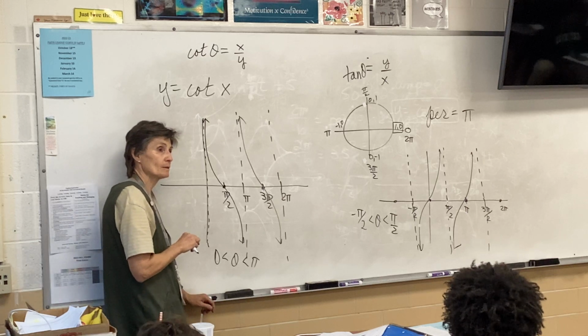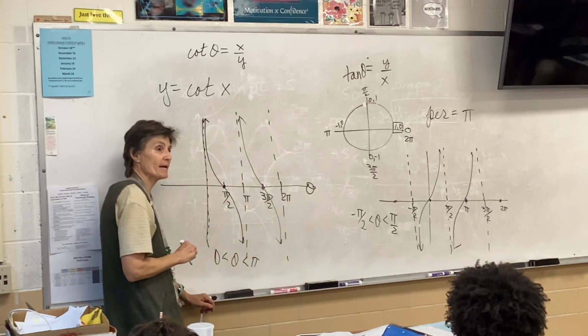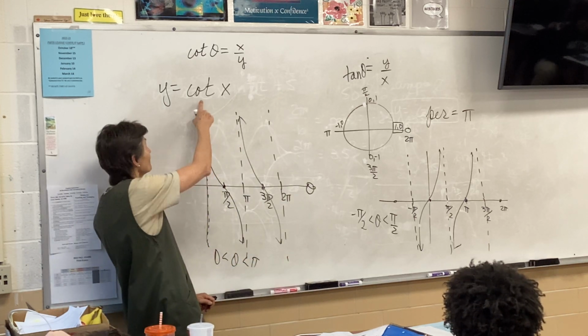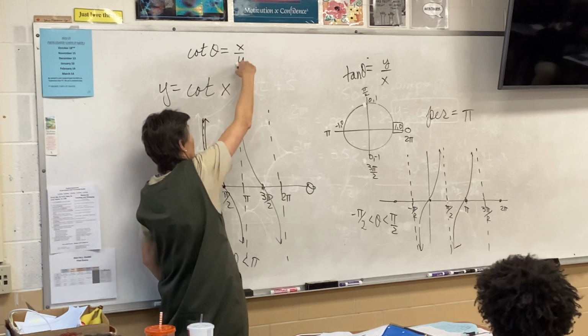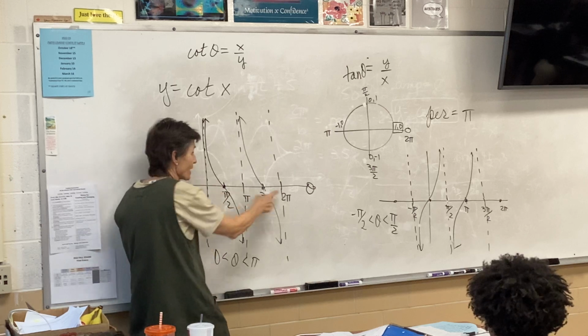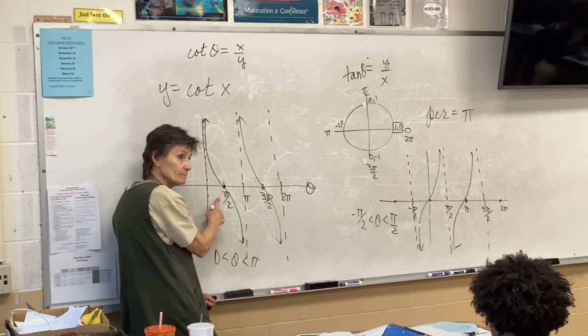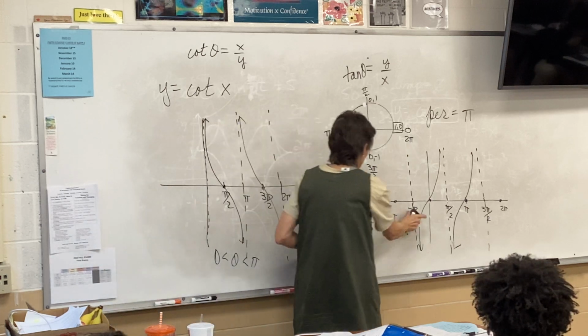So is that why your y is negative? Okay, your x here is theta. That's your theta. You are graphing cotangent values, so you are graphing x's and y's that correspond to the angle theta. Okay.